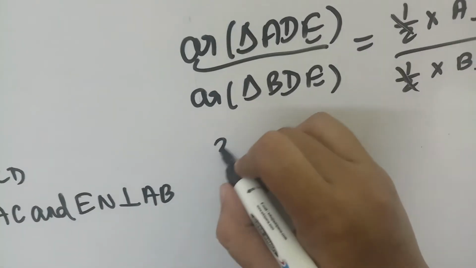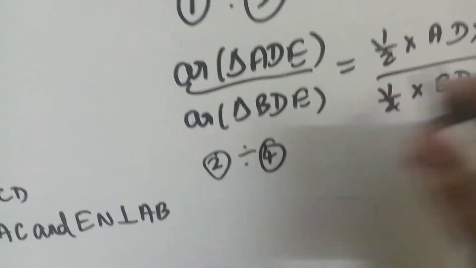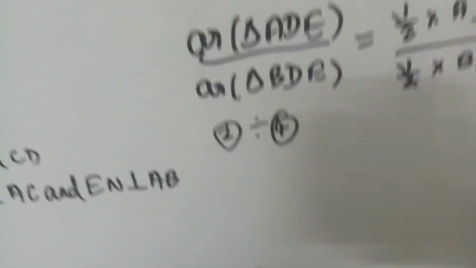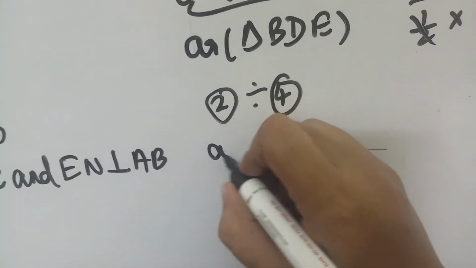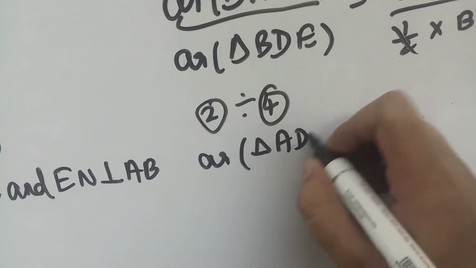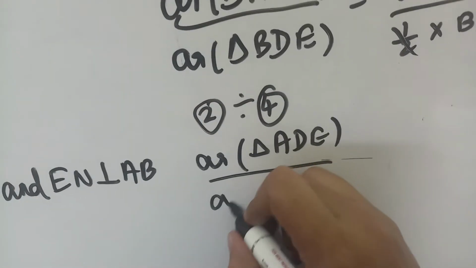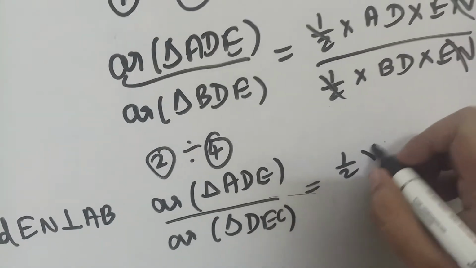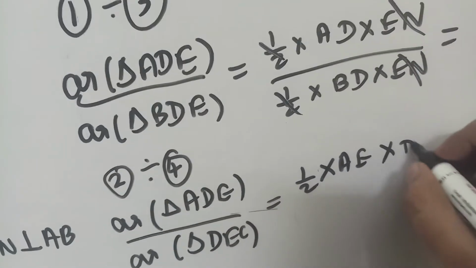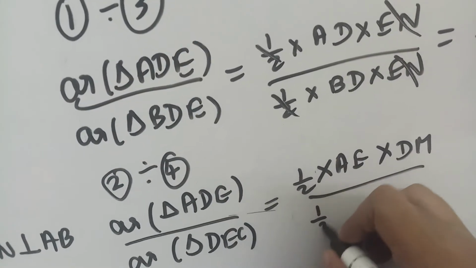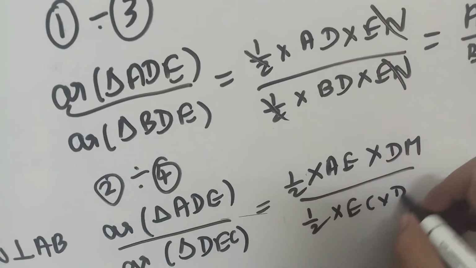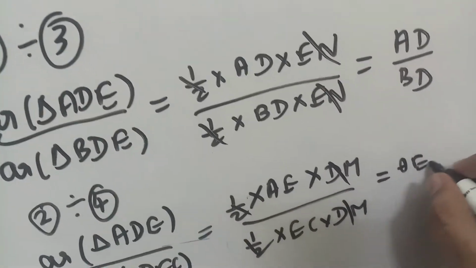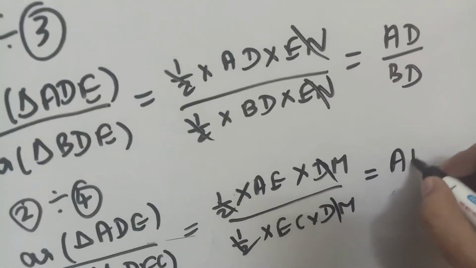Same way, we are going to divide the second equation by the fourth equation. Since we have the heights DM equal, area of triangle ADE by area of triangle DEC equal to half into AE into DM by half into EC into DM, and again here DM and half get cancelled, so it is AE by EC.